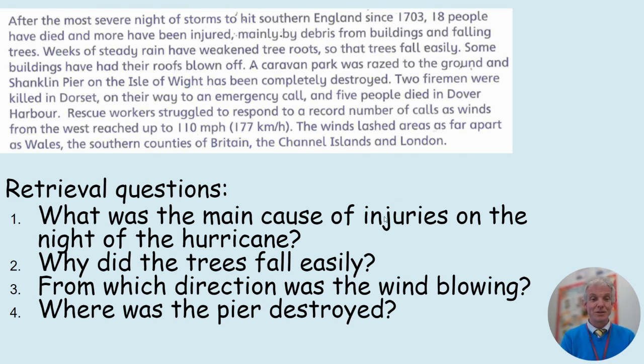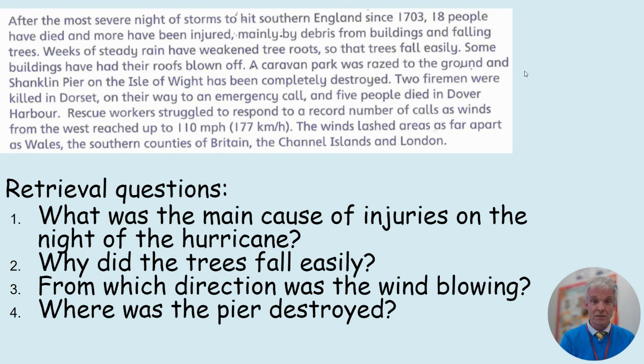Good. Question 3. From which direction was the wind blowing? Now, what keywords might we look for there? Maybe direction. You could use the points of the compass, maybe north, south, east, west. Any of those tend to be wind directions. We scan through quickly. Can we see any of those?